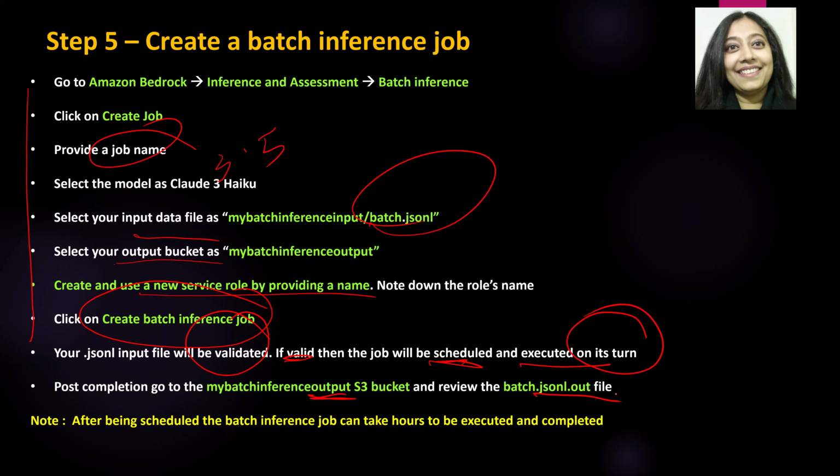Now remember, depending upon how many records, how much time, how many jobs are running behind the scenes, it will take a certain amount of time for this job to be scheduled. It can even take a few hours for it to get validated, scheduled, executed and completed. So please be patient.